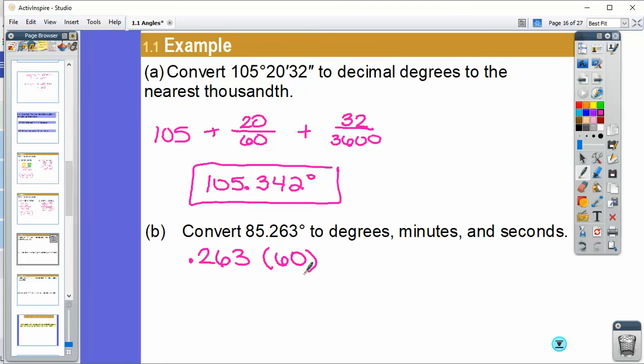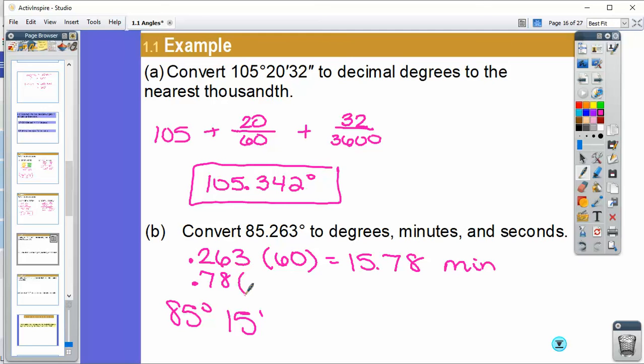All right, and you get 15.78. This is your minutes. So right now I have 85 degrees. I have 15 minutes. If I want my seconds, I have 0.78 of a minute. If I want to change that into seconds, how many seconds are in a minute? 60.